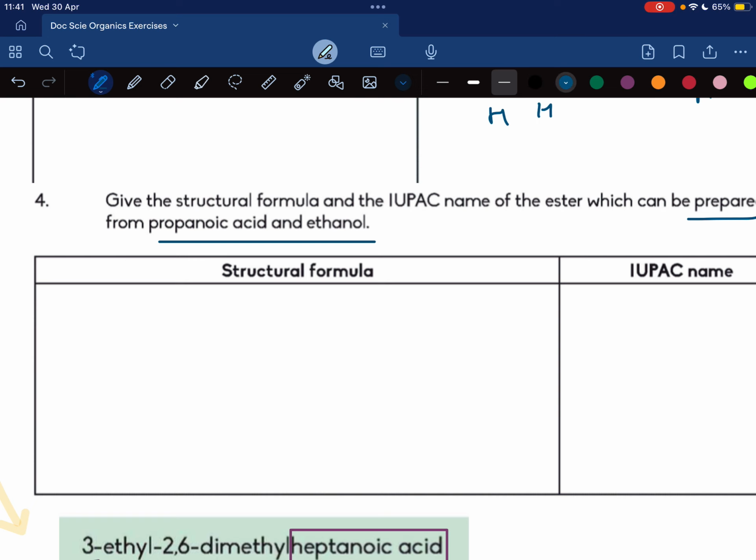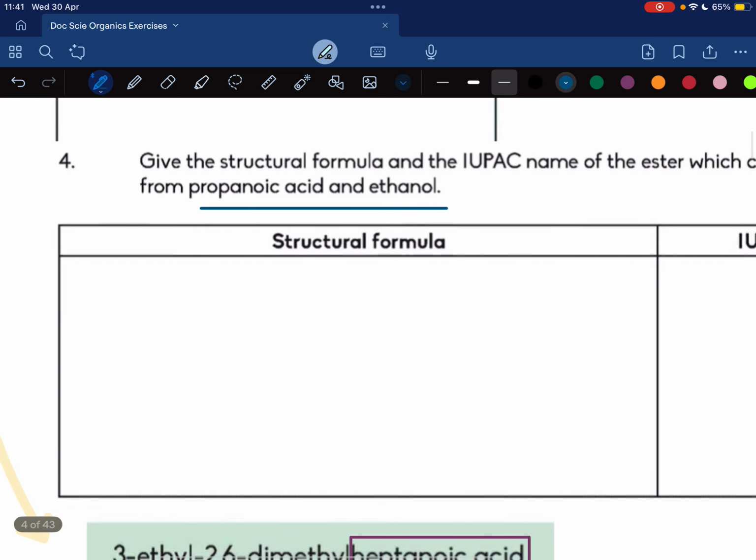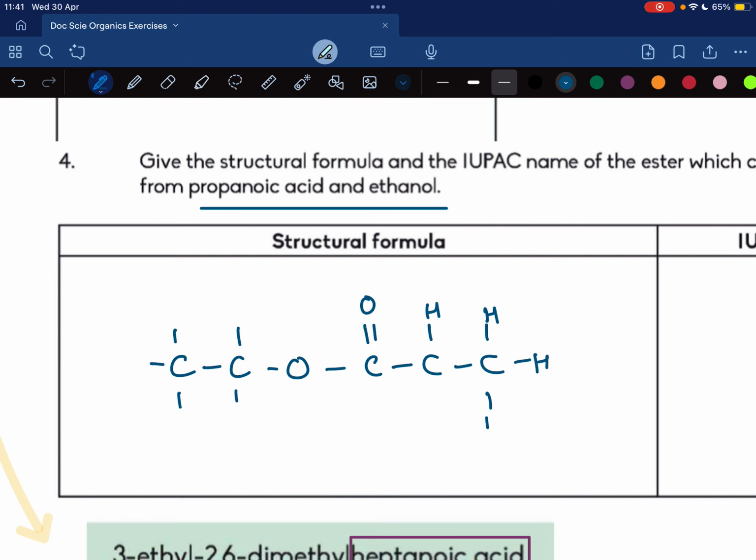So I know that ethanol is going to have 2 carbons, and then the propanoic acid is 3 carbons, 1, 2, 3, and then on that one where it's connected you'll have your double bond. So then you'll have your H groups to fill in the rest.